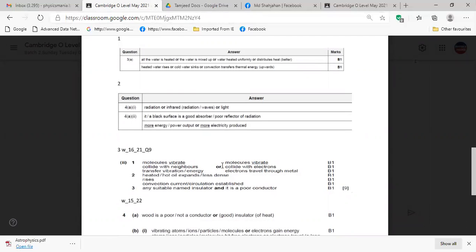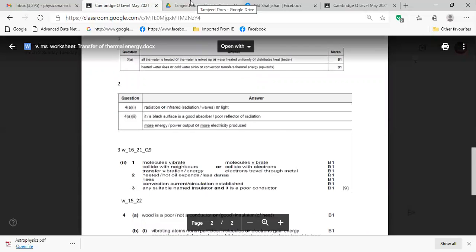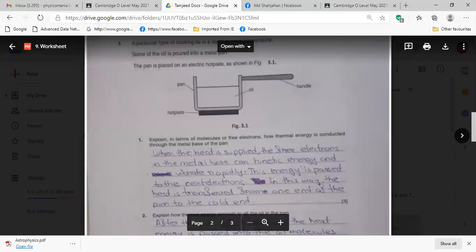Then here we have molecules vibrate, collide with electrons, electrons travel through metal. So all your ideas came. Yeah. In your discussion, we got all the ideas.